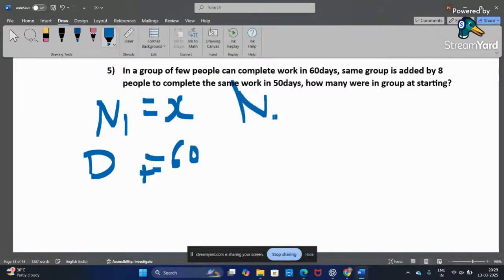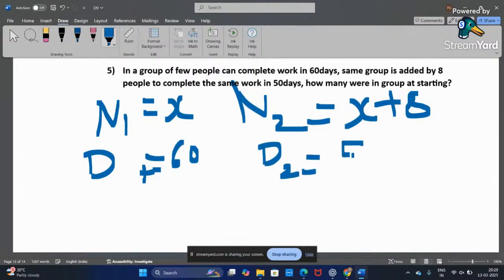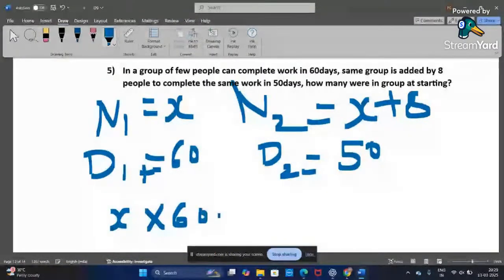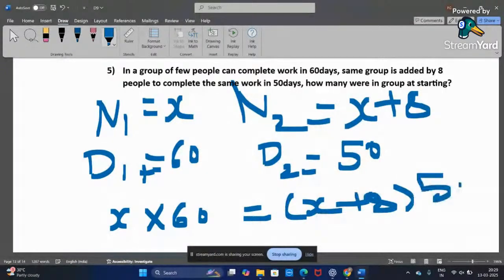So your N2, what is N2 here? The same group is added by 8 people. So the same group previously had X members, and that is added with 8. They take D2, just 50 days to complete the work. Here we need to find the X value. So the formula is N1 D1 equals N2 D2. Let us directly substitute: X into 60 equals X plus 8 into 50.